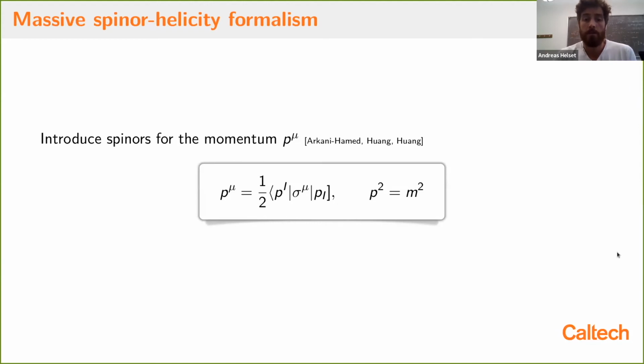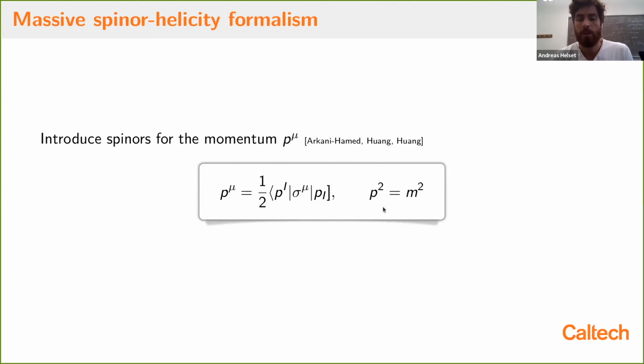So using the notation by Arkani-Hamed, Huang, and Huang, one can introduce spinors for each momentum p. You can write these angle and square bracket spinors that encode the kinematics of that particle.